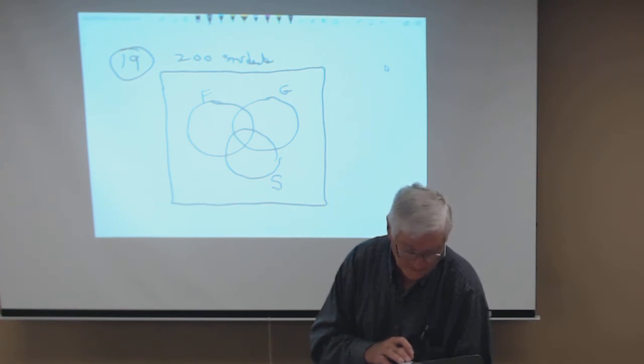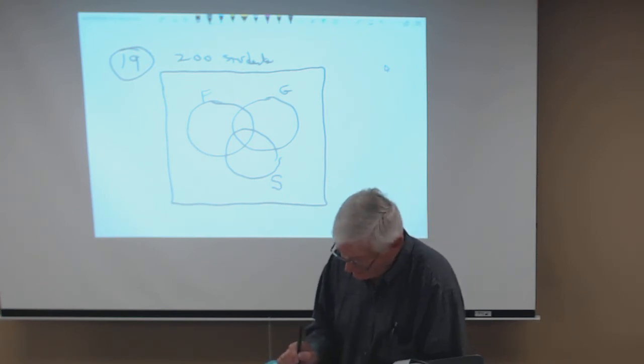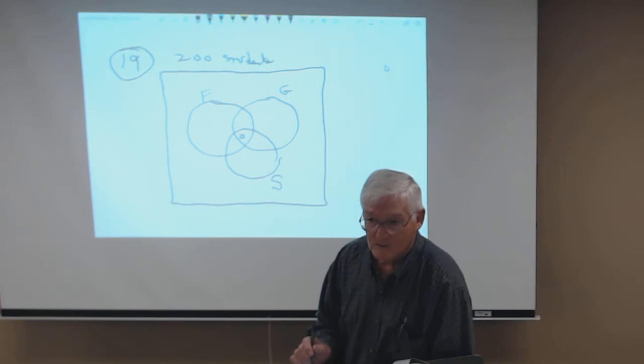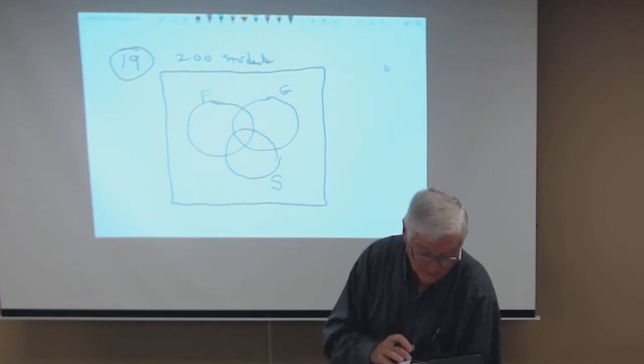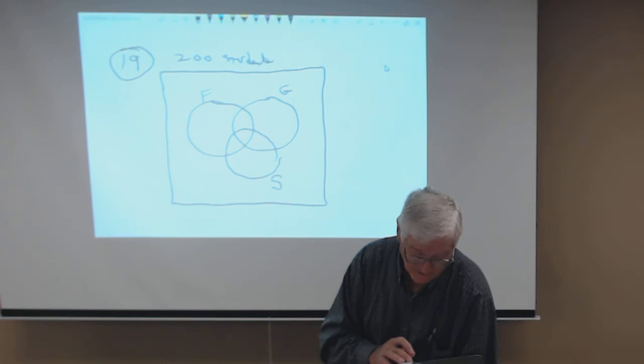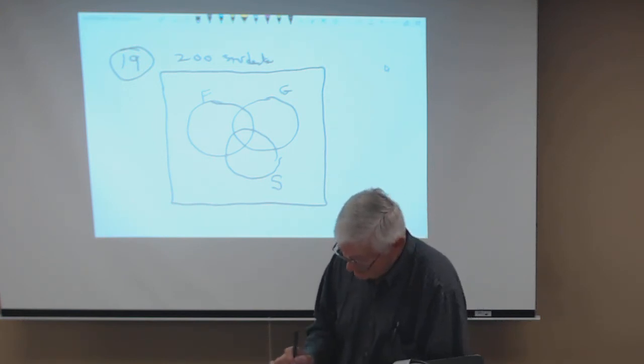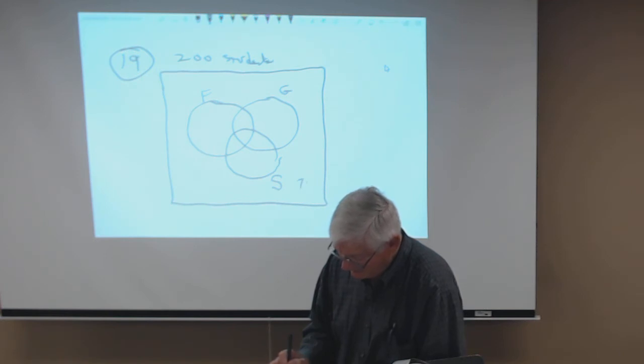Number 19? 70 are taking no language. Nobody's taking all 3. So you have 0 in here, don't you? Or you can just leave it empty. Either way. What's the next thing it says up above that? 70 people are out here who aren't taking any of the languages.